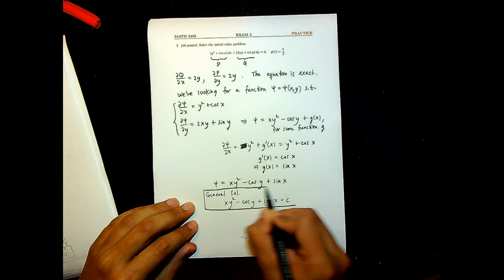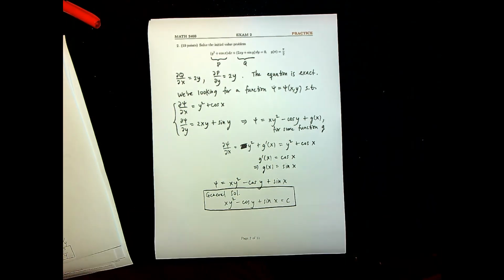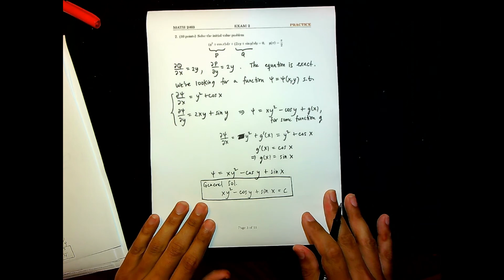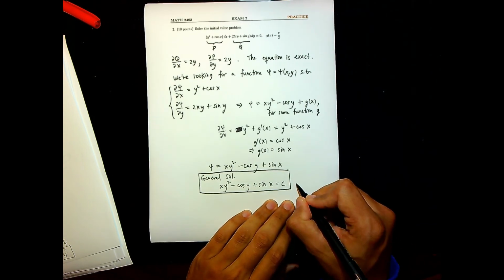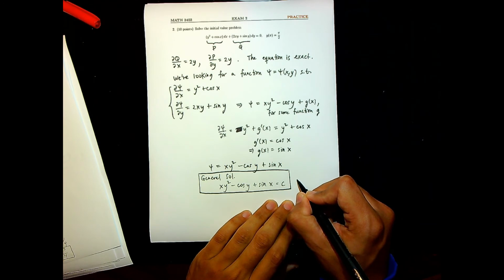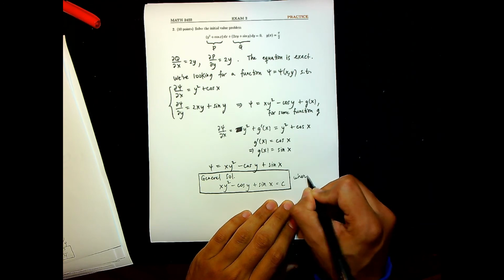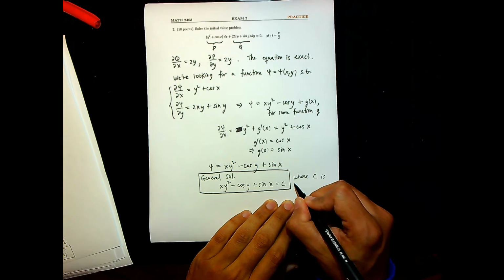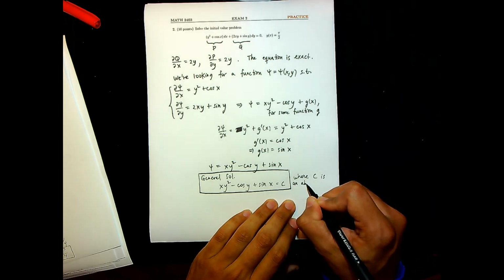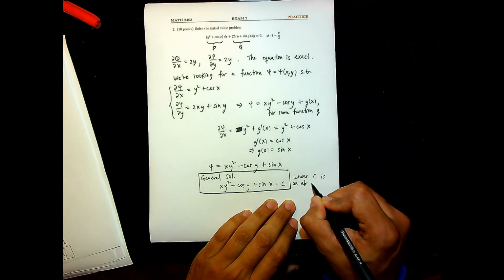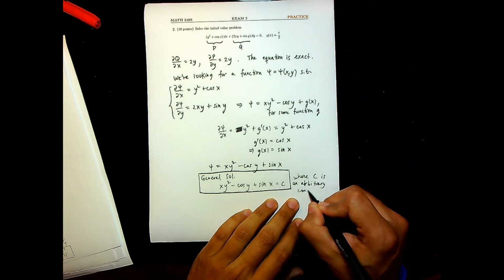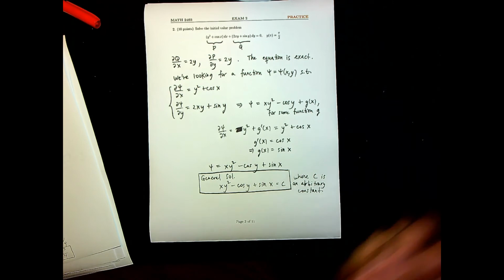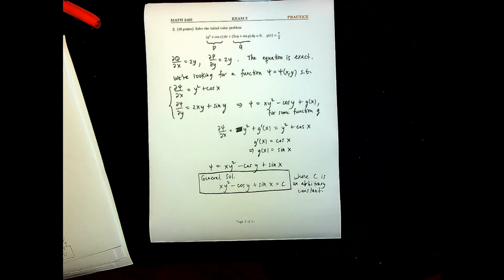Now, this is an initial value problem, so we really need to figure out what is the constant C. And that's what we're going to do now. We're going to figure out what C needs to be.